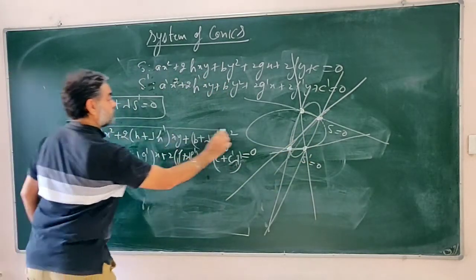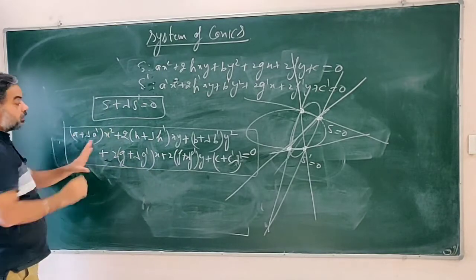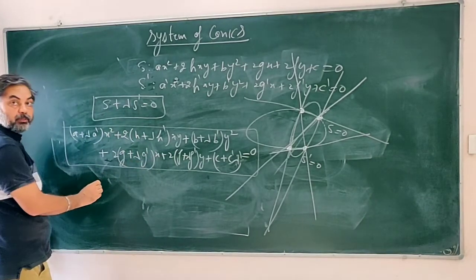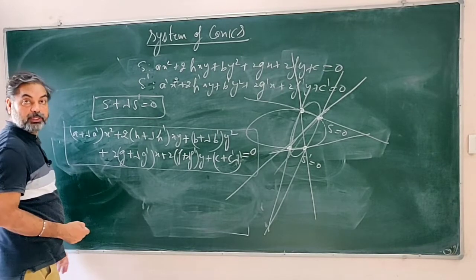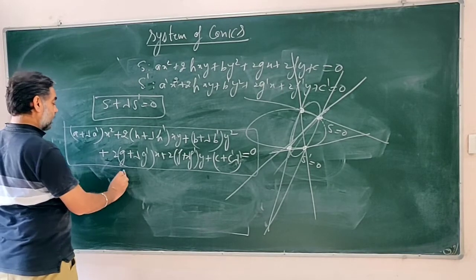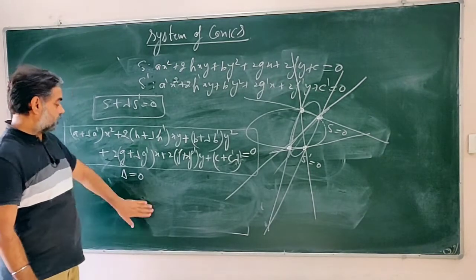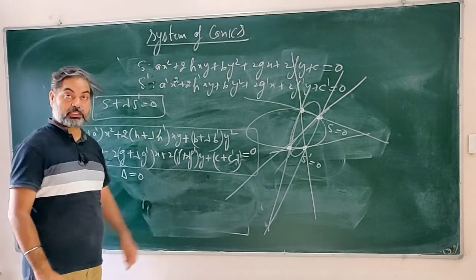If this conic represents the equation of a pair of straight lines, then delta must be 0, and that means ABC plus 2FGH minus AF square minus BG square minus CH square is 0.